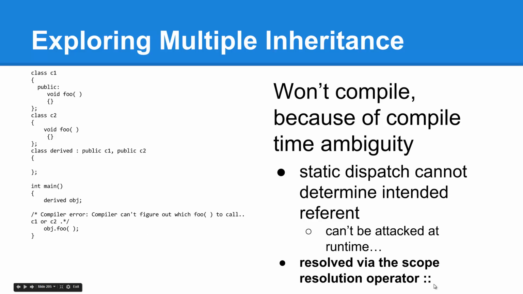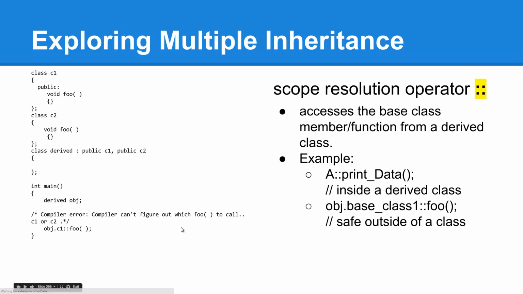It's colon colon or double colon. Anyways, you simply say the object dot whichever base class you wish to resolve to, and then access the given function that way. And there are two ways to do it. From inside a derived class, that would be inside the class itself, or outside of it from an instantiated object.